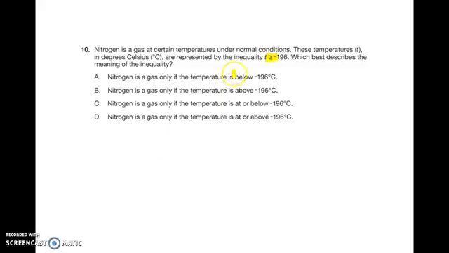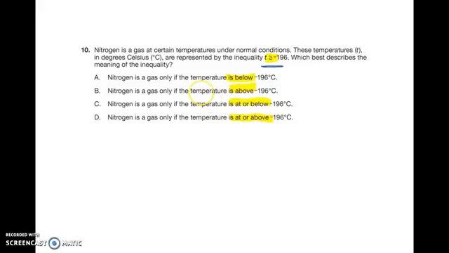And we've got some keywords here. We've got is below, is above, is at or below, is at or above. So we've got to kind of equate those phrases. So when we think about those words, the temperature is greater than negative 196 degrees.